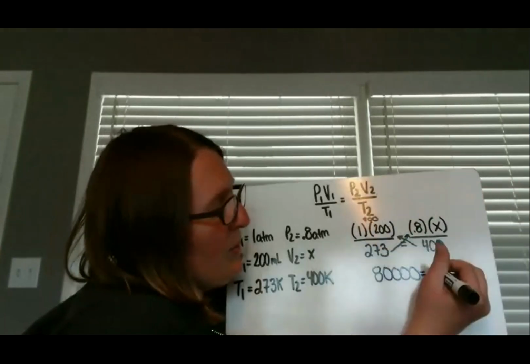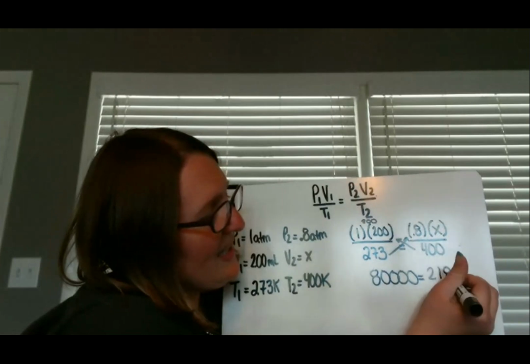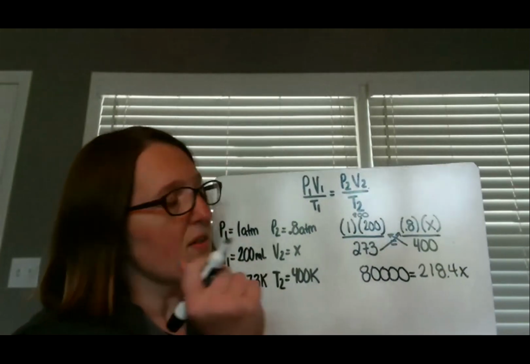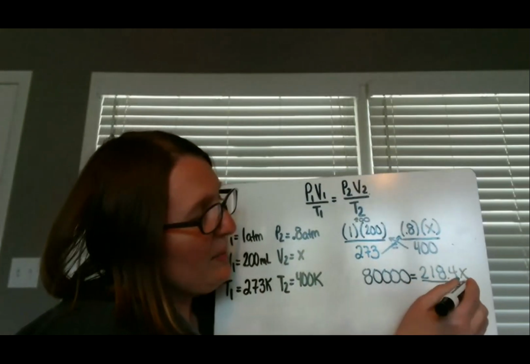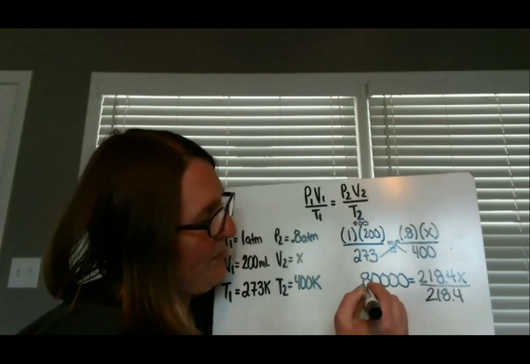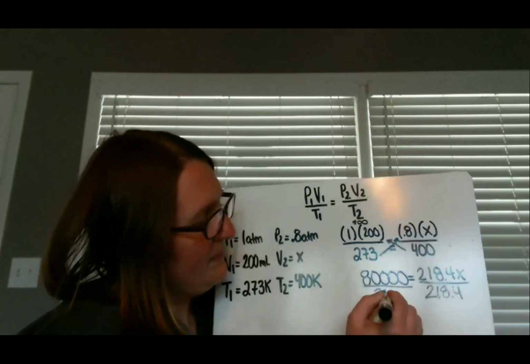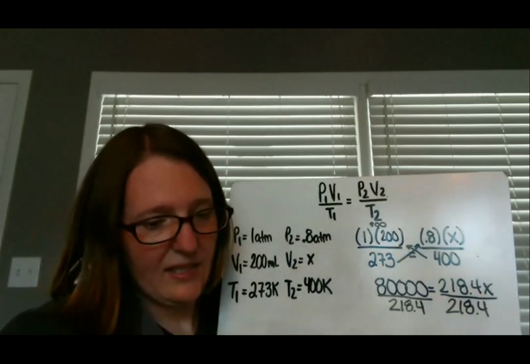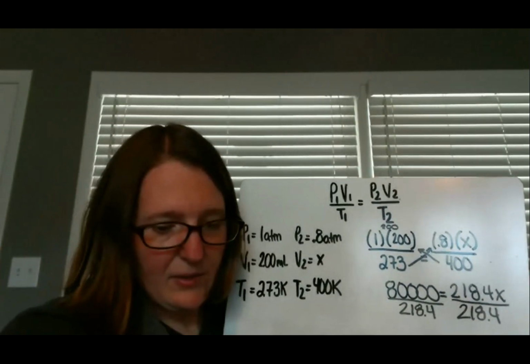And we get 218.4x. Now to solve for x, we have to divide both sides by 218.4. So I'm going to take 80,000 divided by 218.4.